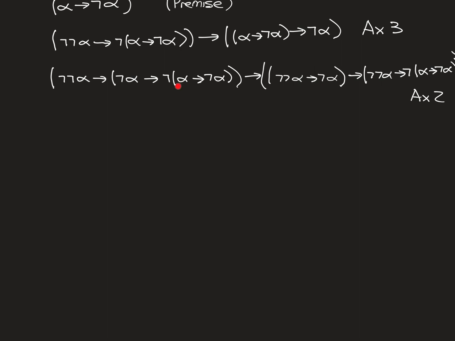It doesn't have to be this thing specifically. So our next line of the proof is going to be using axiom 1. We're going to have as our A, not alpha, and then as our B, we're going to have not, and then this whole thing. So we're going to have not alpha implies not alpha.